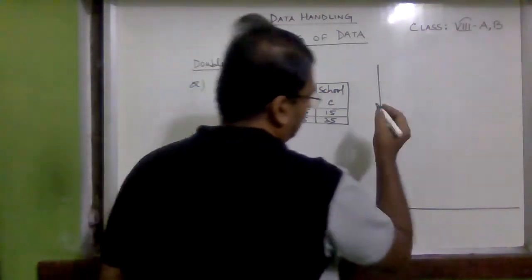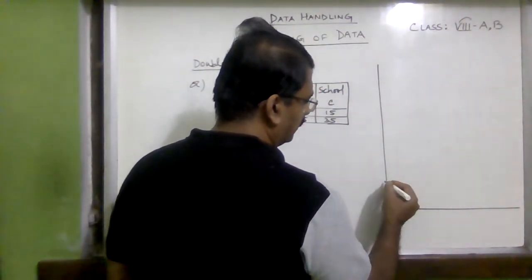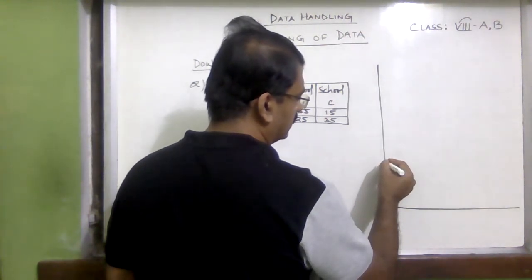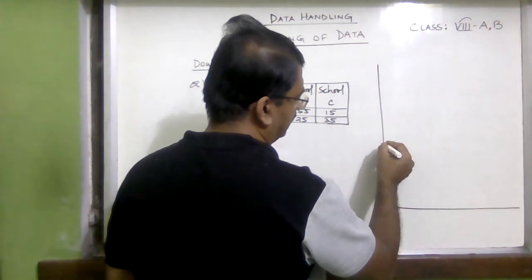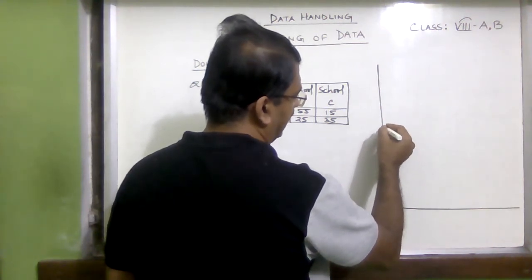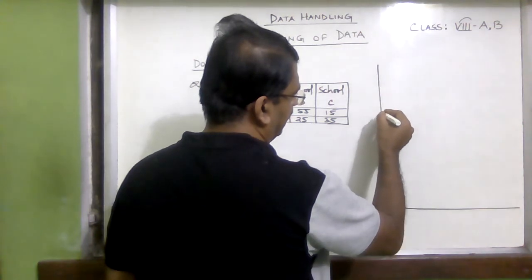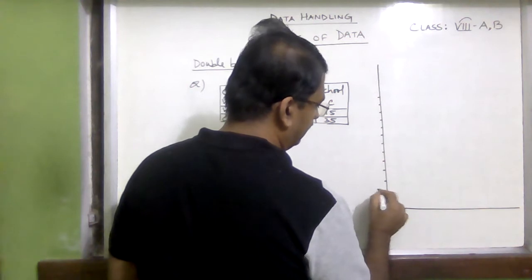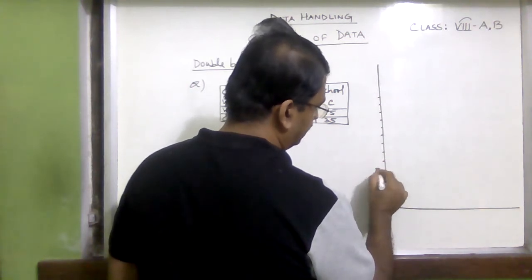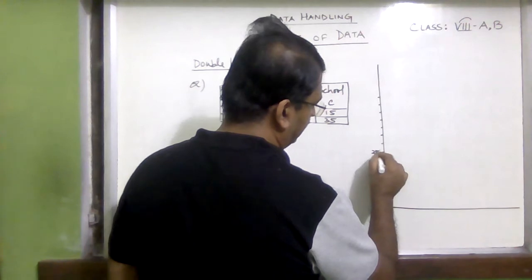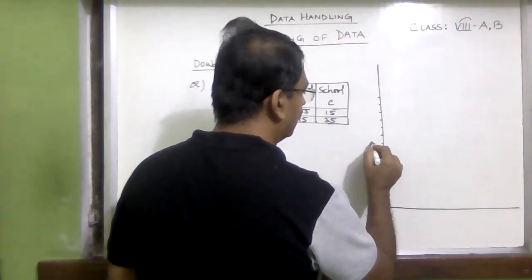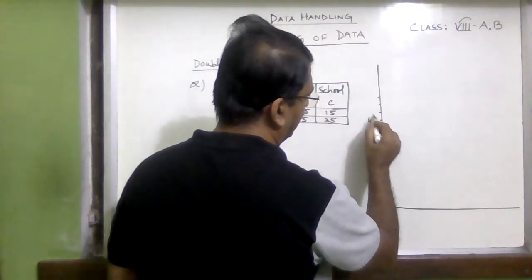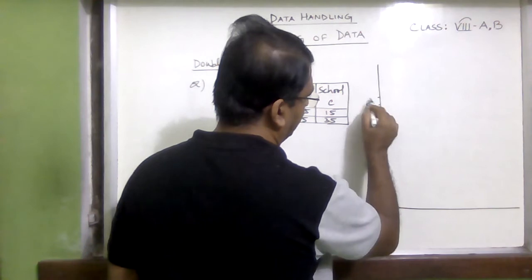So again, 5, 10, 15, 20, 25, 30, 35, 40, 45, 50, 55, 60. 5, 10, 15, 20, 25, 30, 35, 40, 45, 50, 55, 60.